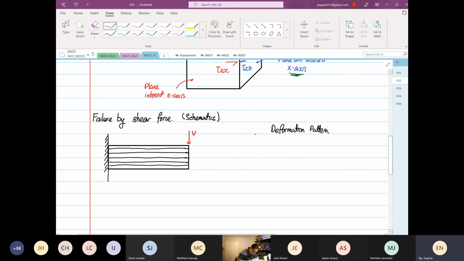So I'm going to sketch our deformation pattern. The deformation pattern will do this.